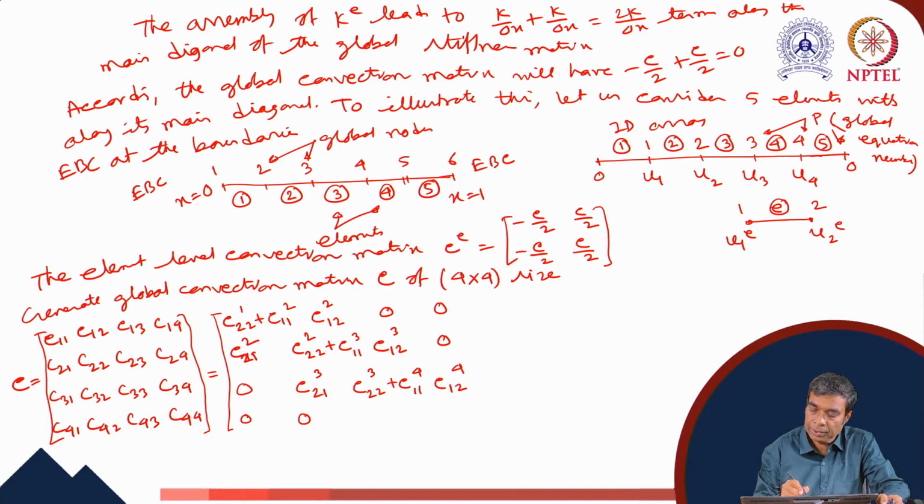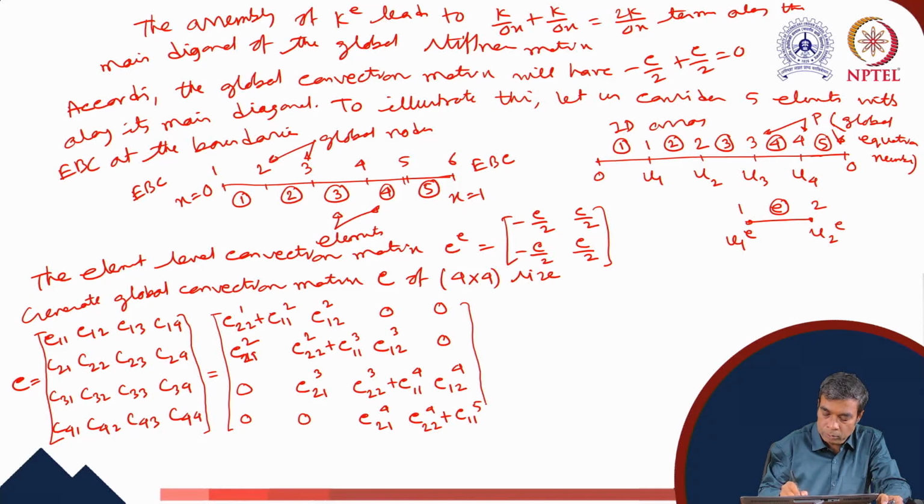Then C43 equals C214, and C44 equals C224 plus C115. Now we put the numbers and generate the matrix. So C221 is C by 2.